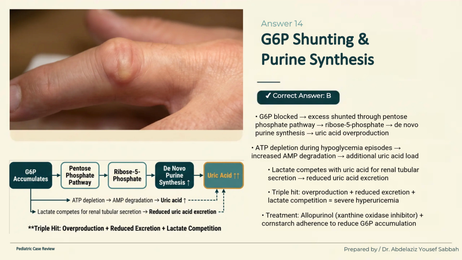And a third, lactate competes with uric acid for renal tubular secretion, so uric acid excretion is reduced. This triple hit, overproduction plus reduced excretion plus lactate competition, results in severe hyperuricemia. Treatment is allopurinol, a xanthine oxidase inhibitor, together with strict cornstarch adherence to reduce glucose 6-phosphate accumulation at the source.